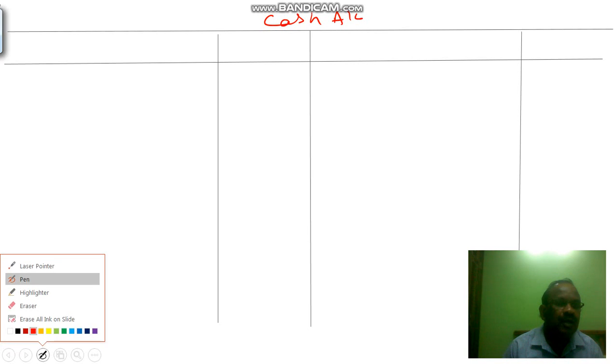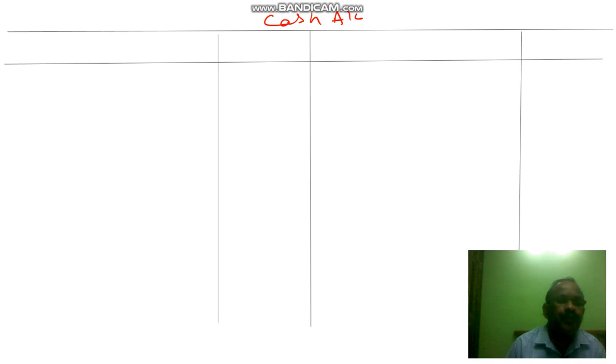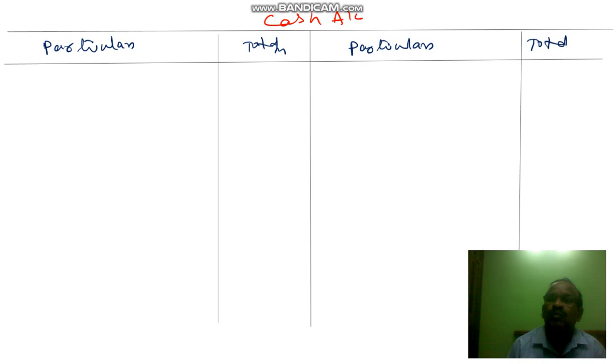So now we change the pen. We are changing the color also. Particulars, total rupees, particulars, total rupees, debit and credit. So here the cash is 2, balance here is 9,800.